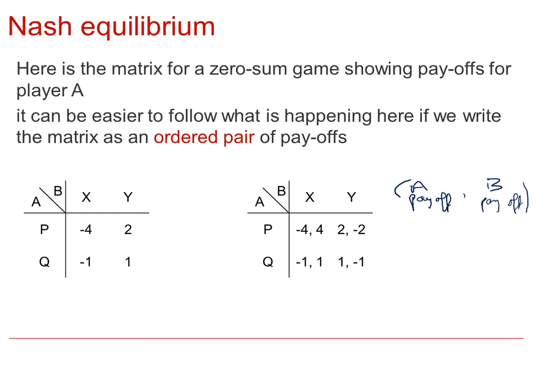We can see that because it's a zero-sum game, these will be the negative of each other. However, this conversion to an ordered pair of payoffs is particularly useful when we are not dealing with a zero-sum game, which we'll look at later on.